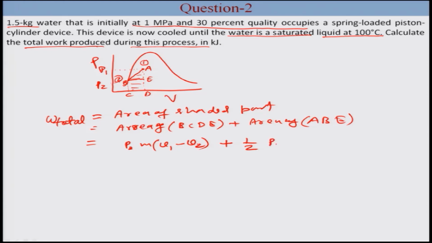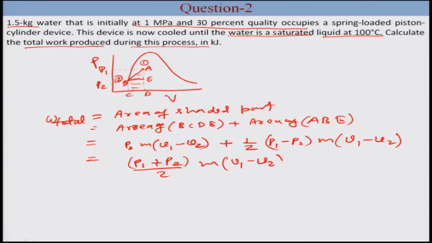So AE is nothing but P1 minus P2, and BE is total change in volume, so mass times change in specific volume. So this gives an expression for total work during this process. Okay, so this is our first expression.